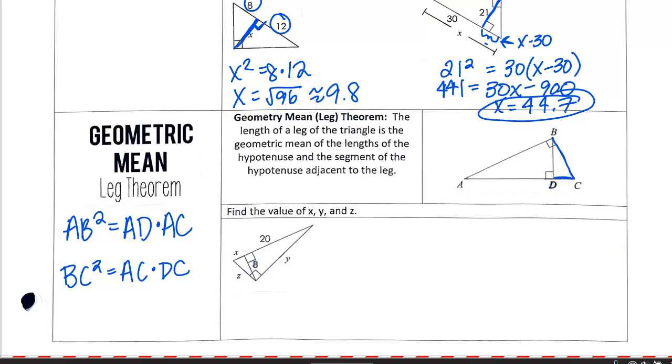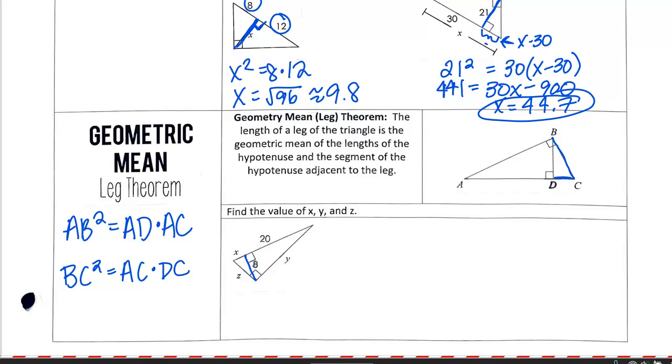Okay. So we are now going to use those two equations to solve this next problem. All right, so you'll see in this one, we are given an altitude. I'm going to use that altitude theorem, the geometric mean altitude theorem, to find x, because I can see that with the altitude, remember it's those pieces.